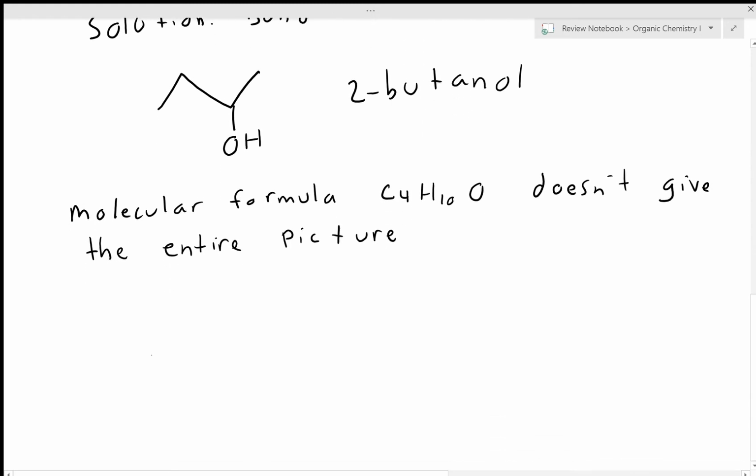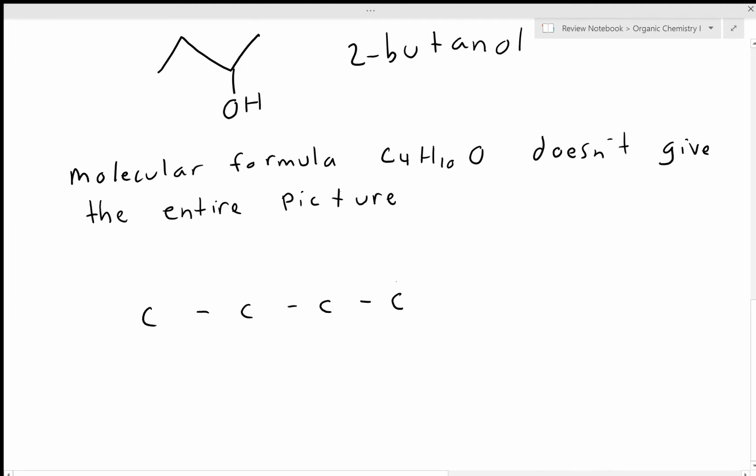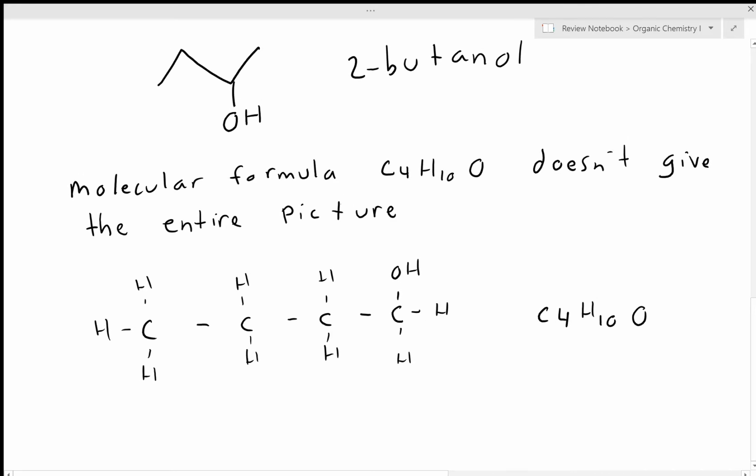Because instead, if we drew this out again, C, C, C, C, we could have an OH at the end, H is here. One, two, three, four. You got your 4 C's. 1, 2, 3, 4, 5, 6, 7, 8, 9, 10. You got your 10 H's and your O. And this is not the same as what we first saw.